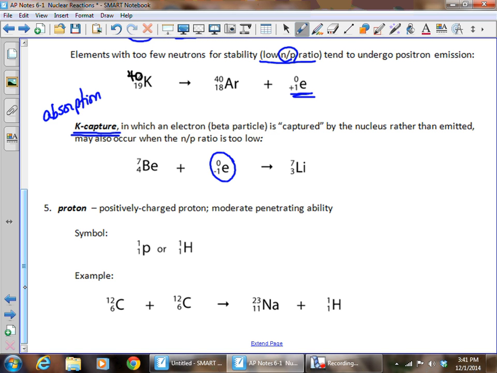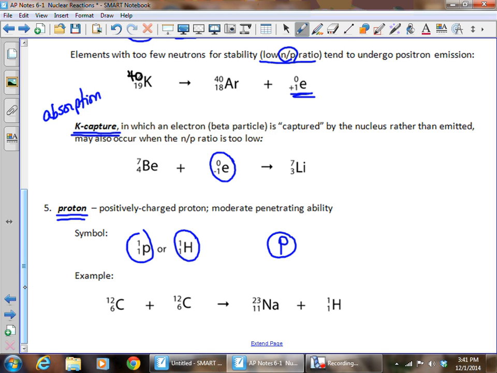The next particle is the proton. The proton, I will generally write it as 1 over 1 h, but you'll see it as 1 over 1 p very often. A proton, remember, if you think about a hydrogen atom, the normal hydrogen, all it has in the nucleus is a proton. And roaming around out here is an electron. And if you get rid of that electron, all you've got is a proton.